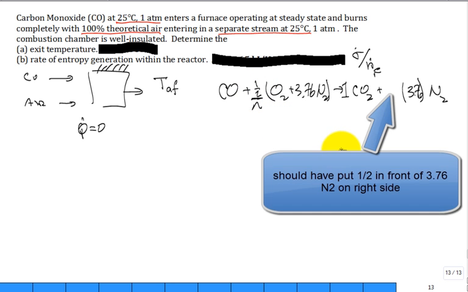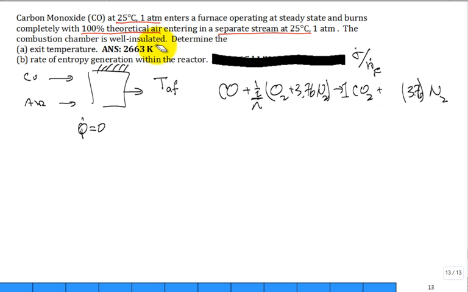We do an energy balance. We've done that enough. Guess what the flame temperature comes in? Pretty hot, 2663. But let's do the sigma dot divided by n dot of the fuel. How do we do that? We're going to have the n times S bar for each of the products.